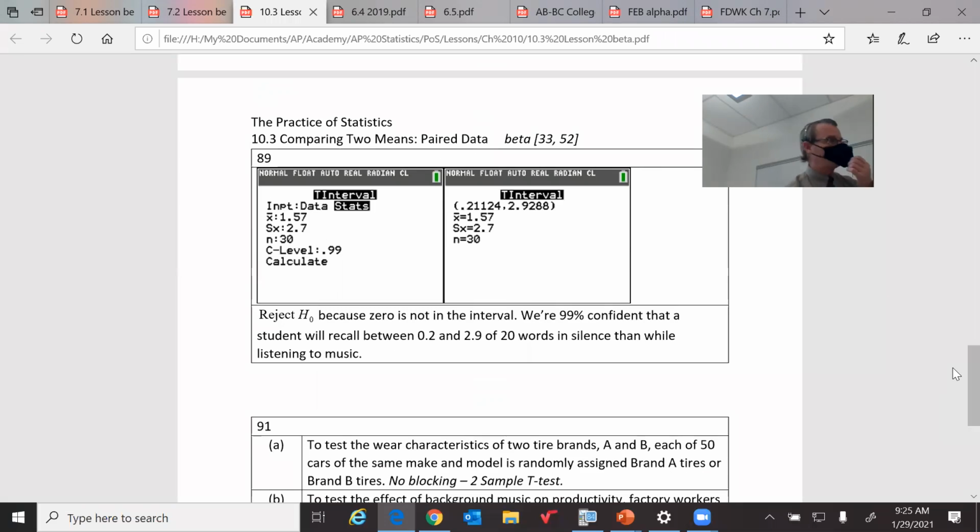So here's the interval. It goes from positive to positive. How did we know that? Because this is a 99% confidence interval. So there's 1% outside the interval. But the p-value was less than 1%. That's why we rejected it. And if we rejected it, then 0 would not be in our interval.